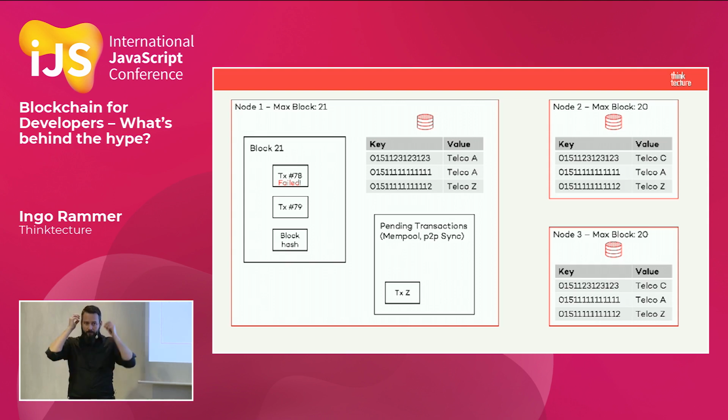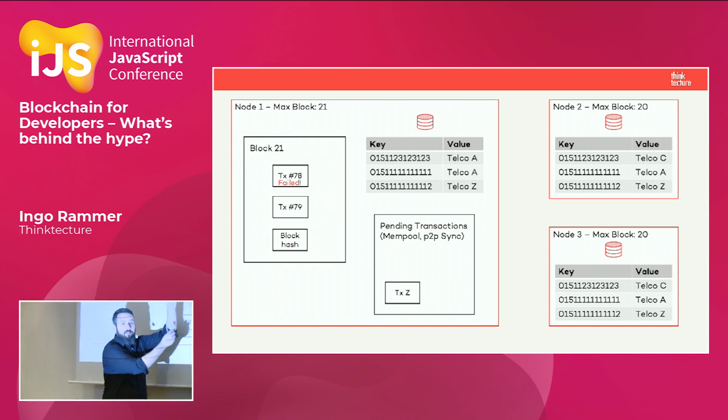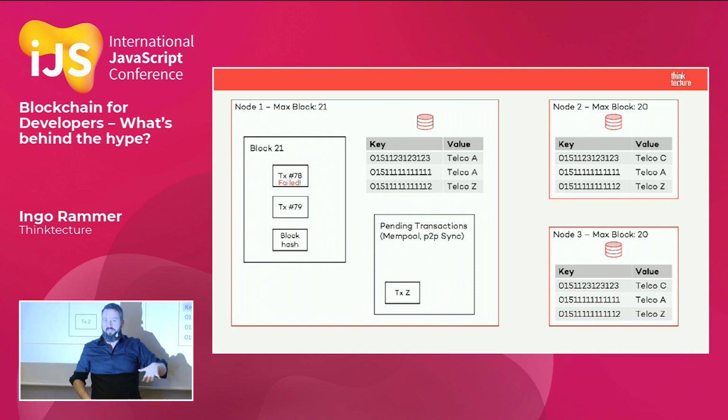So for example, if we would be a malicious telecommunication operator here, and I run a private version of my smart contract, which has changed the owner so that I can actually get an okay on the transaction, and I run this on my side and I get an okay, and then I replicate the block, then the other nodes will also execute the same block and they will reject the whole block.